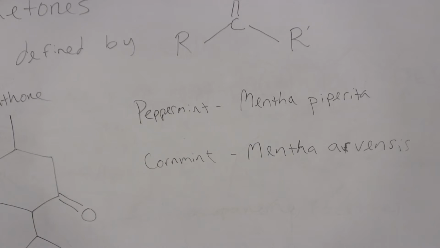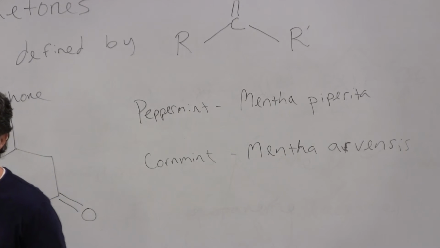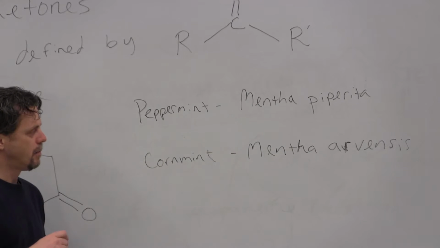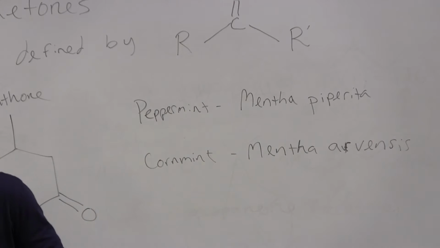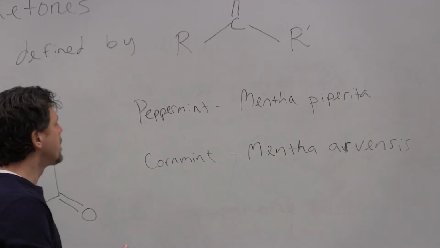And Mentha arvensis is a hardier plant. It's more disease resistant, produces higher yield of oil, and it has similar chemistry to peppermint, but it has naturally a much higher menthol content. Could be up to 80% in crude corn mint.